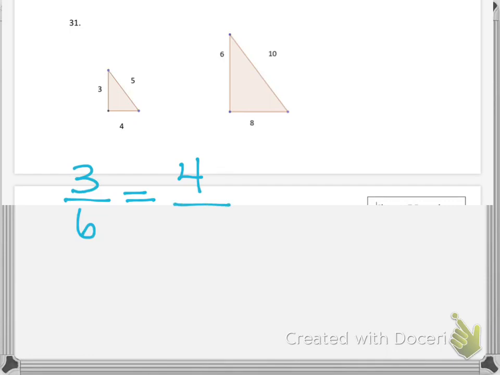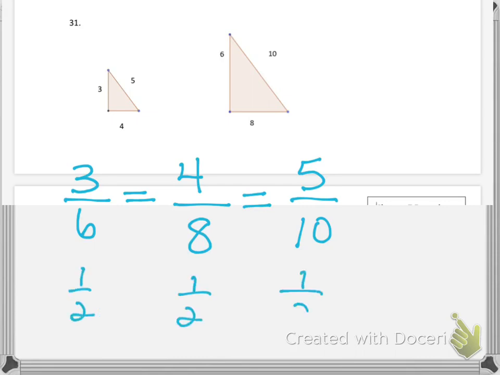In the big triangle, the medium side is 8. In the small triangle, the biggest side is 5, and in the big triangle, the biggest side is 10. So what I'm seeing is that each of these can reduce to 1/2. 1/2 is my scale factor, and I do indeed have similarity.